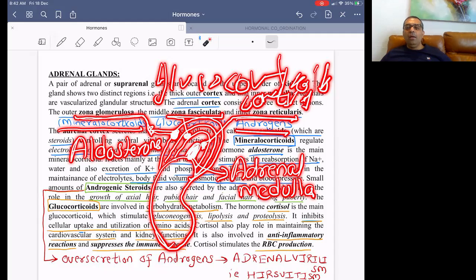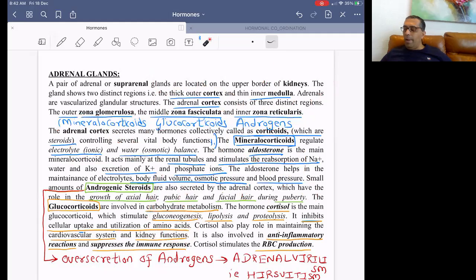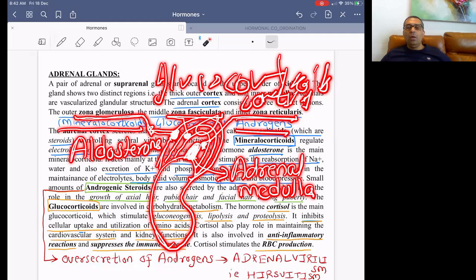So once again, what are the parts of the adrenal gland? Inside is the adrenal medulla, and then we have the adrenal cortex. The cortex consists of the outer zona glomerulosa, which gives out mineralocorticoids like aldosterone.